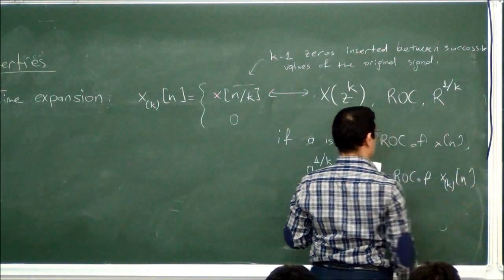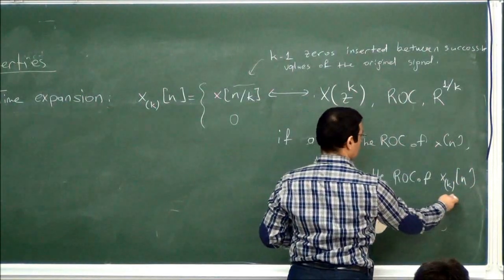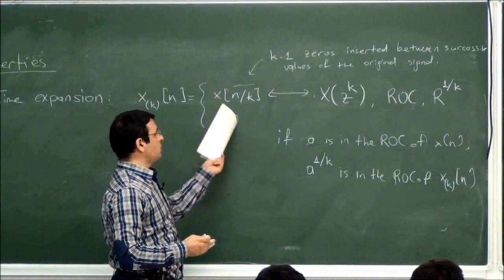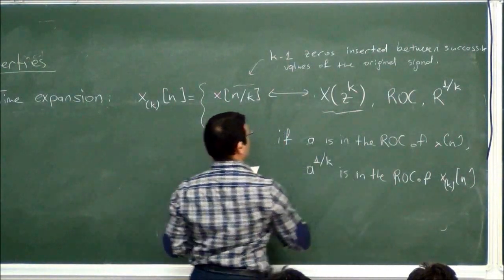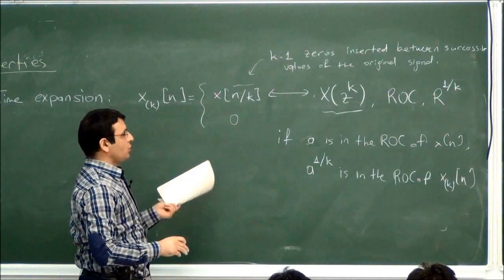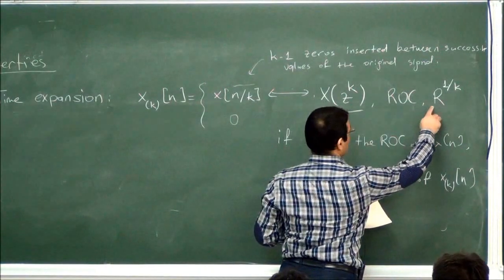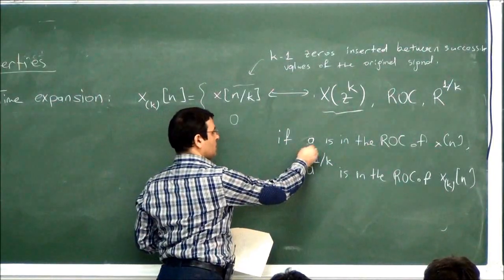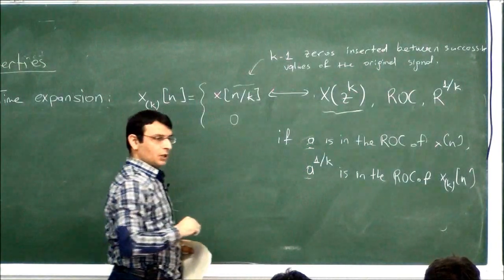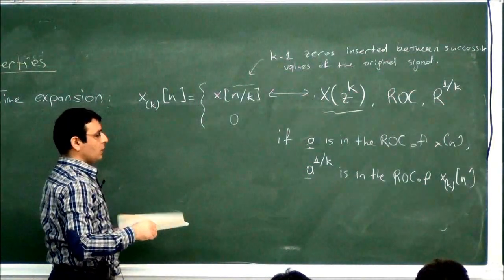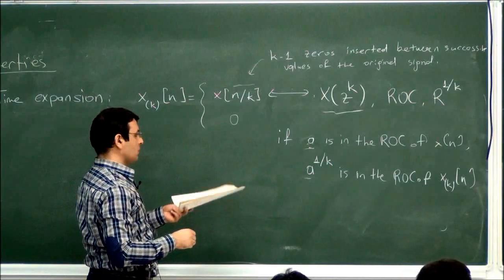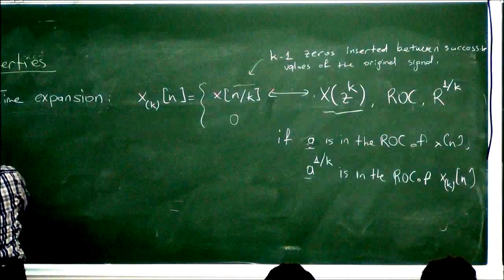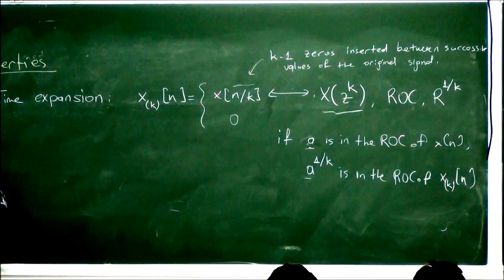So you have an original sequence, and x_k[n] is the expanded version of this, and this is the Z transform of the expanded version. So the region of convergence in this case is R to the 1 over k. If A is a point in the Z plane, A to the 1 over k is in the ROC of the expanded sequence. So this is the time expansion property.